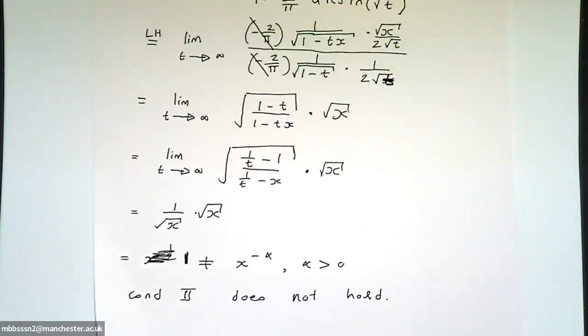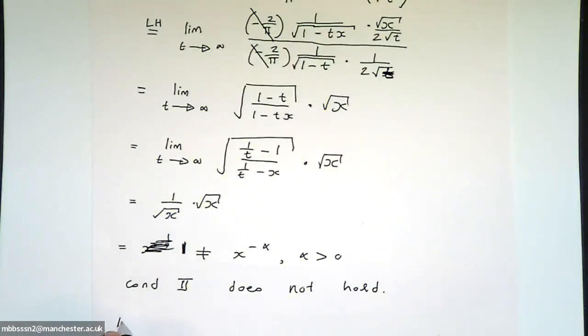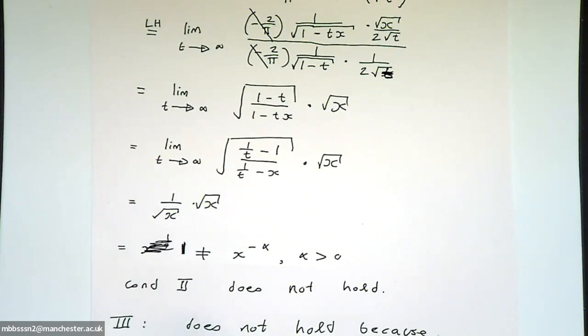Now, condition 3 is not going to hold. Condition 3 does not hold because W of f is not finite. I mean, it is infinite actually, so it's not finite.